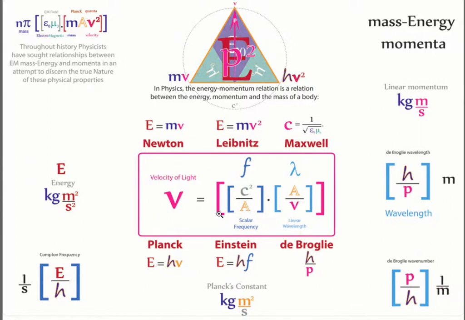And again, Tetryonics tends to look at it as a velocity of light, v, results from the frequency wavelength relationship, frequency being a scalar measurement, wavelength being a linear measurement of the energy momenta, or the linear momenta of the system, whereas the scalar is the total energy within the system. They've solved for various things, as you can see here.